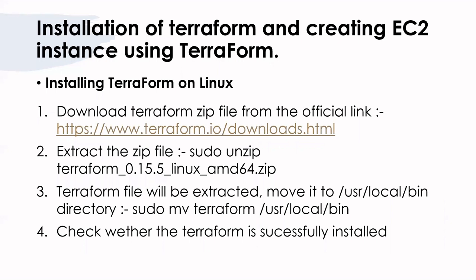How you can install Terraform: this is the website. You need to download the Terraform zip file, and then install using these steps. I have already installed it on my machine, and then we are moving to the actual hands-on.